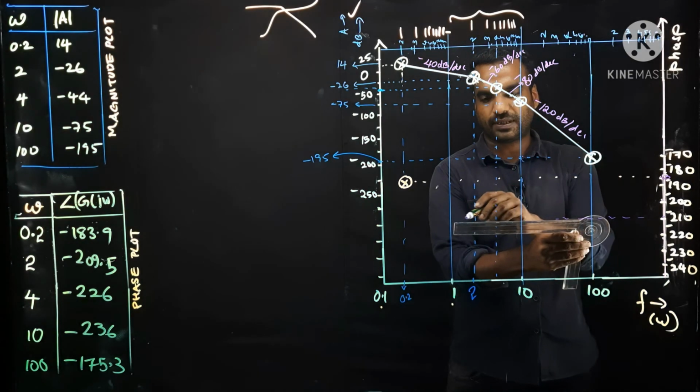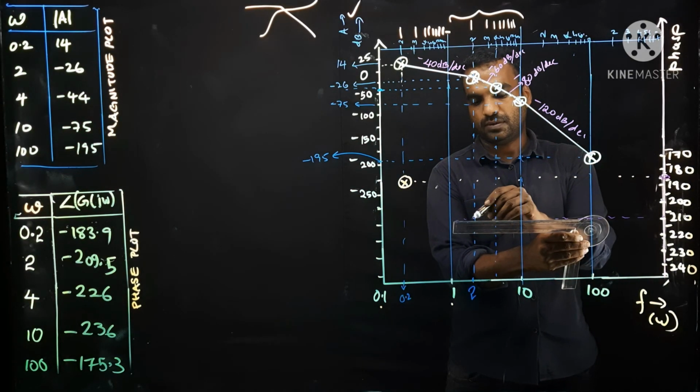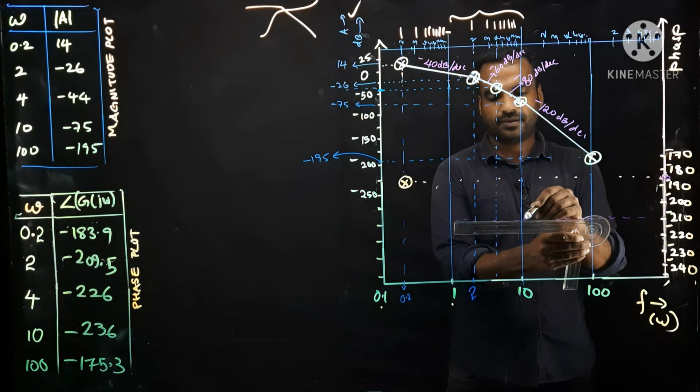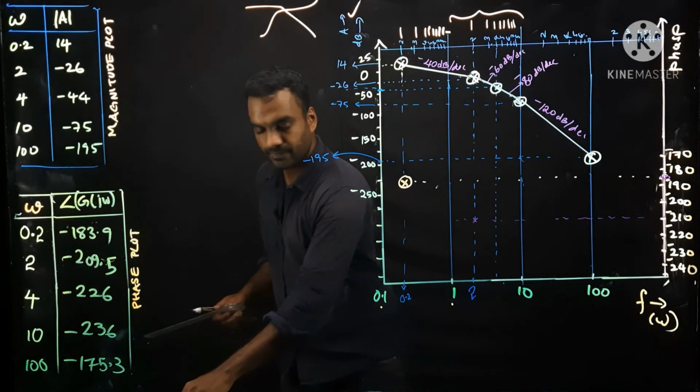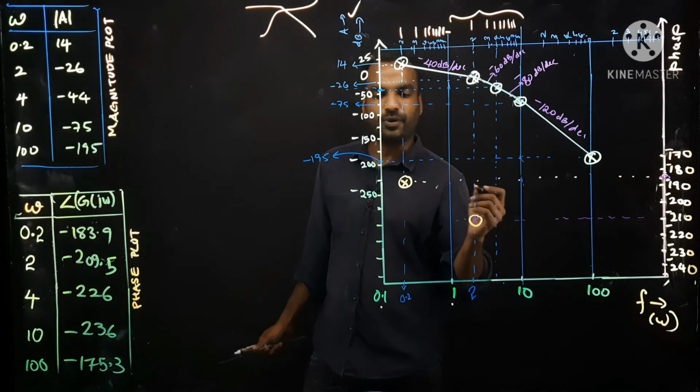So put some dotted lines in order to mark this point. So this will be the second point.